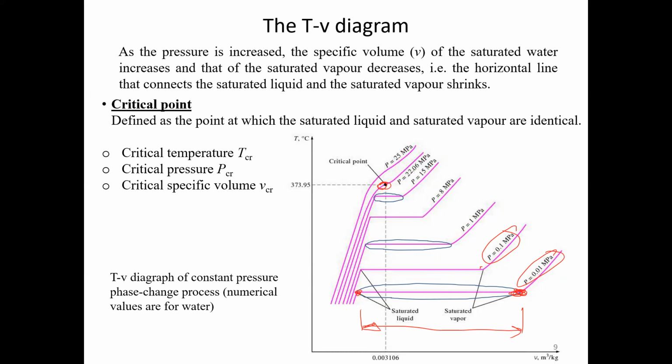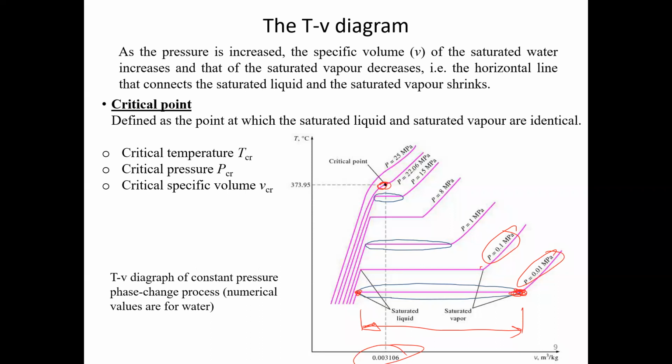We call this the critical point. The critical point is defined as the point at which the saturated liquid and saturated gas are identical, which means that saturated liquid and saturated gas volume is the same, because this is the sudden change.